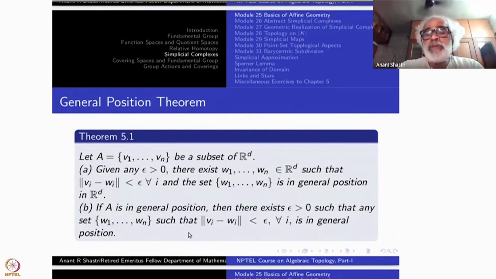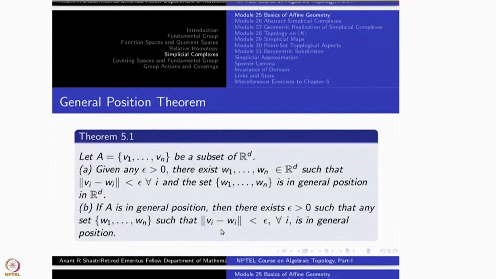So general position is very dense, that is part A, and the second part says general position is a stable property. If you perturb the whole thing slightly, then it will still be in general position. That is the interpretation of A and B here.